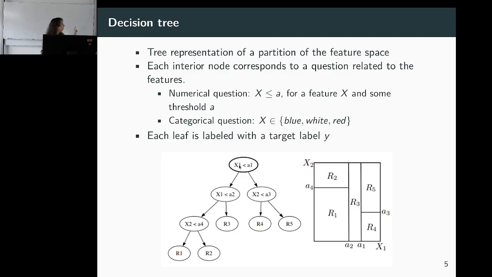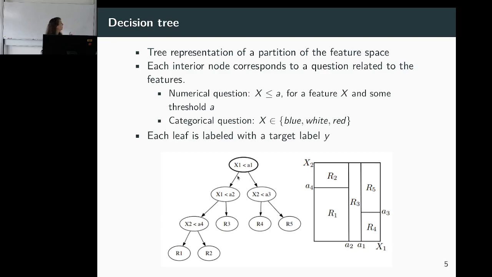Then we can say, okay, blue go to the left, white go to the middle, or red go to the right. Or we can pose the question: if our x is blue, go to the left, or if it's something else, go to the right. So we can first decide on what we ask and then which answers we get.